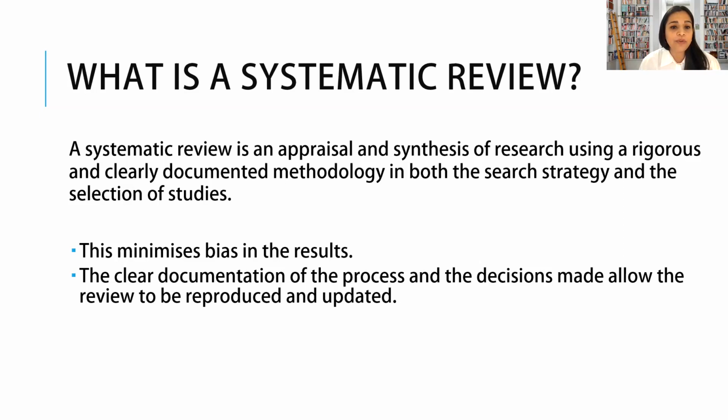This will help you to minimize any bias that you might have in the results. And a clear documentation of your process and how you are selecting those studies in terms of your strategy, inclusions and exclusions. We'll talk more about that.